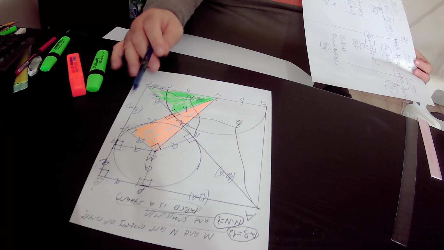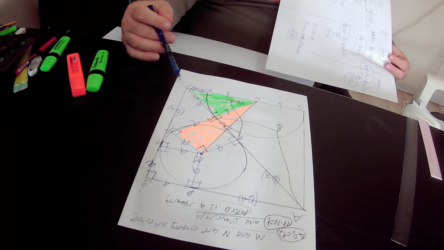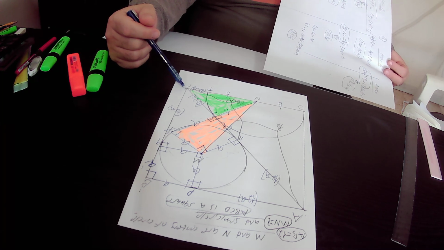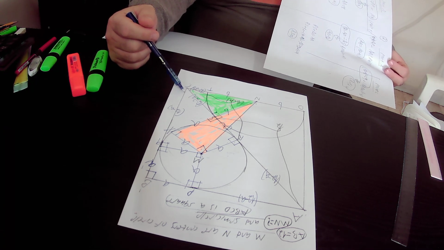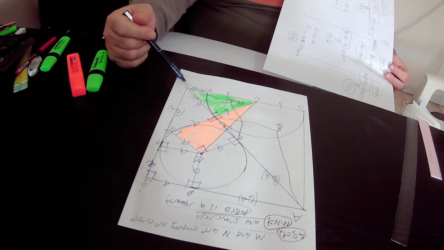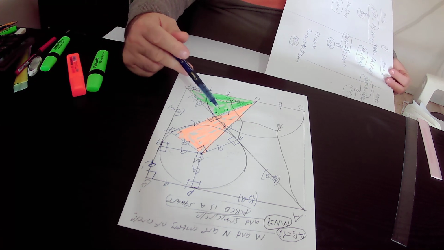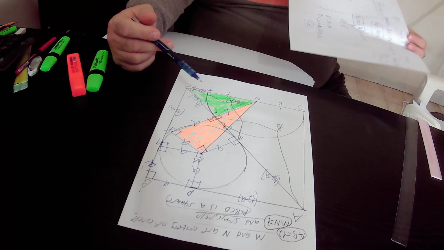Then we focus on point C. From the external point C, we have two tangents to this circle. The first tangent is CQ. The second tangent is CR. According to rule number 1, they must be equal to each other.